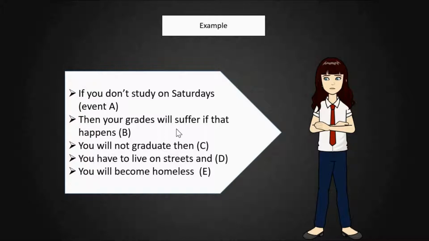These are all just assumptions of the teacher, who says that your grade will suffer if that happens. How can he say that? I mean, I can study on other days. I can study on Monday, Tuesday, Wednesday. So that is just a fallacy. That is not a valid argument. Okay, so that is the fallacy of slippery slope.